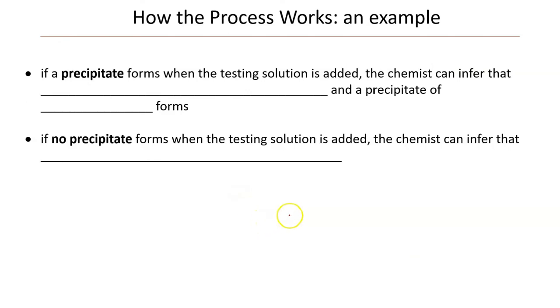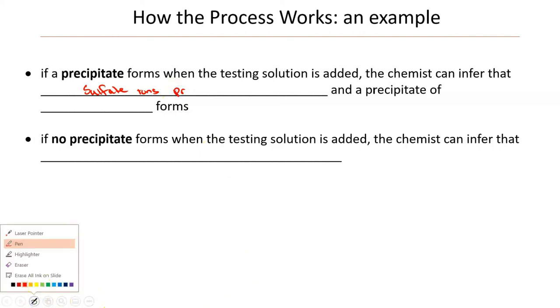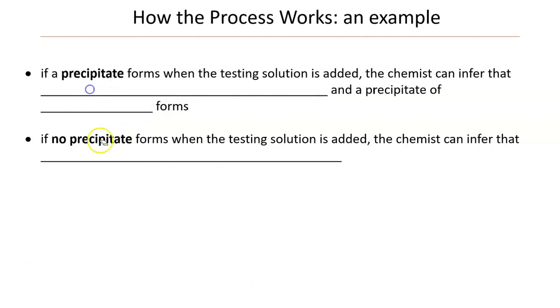Okay, and I know that if a precipitate forms, then my strontium ions are present.